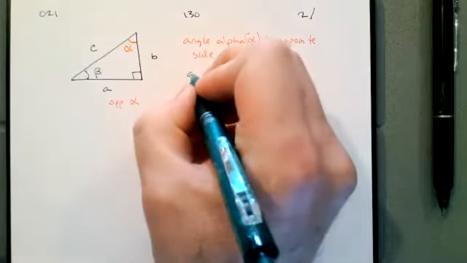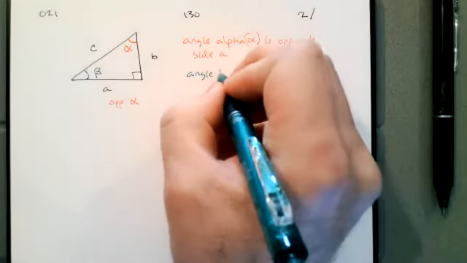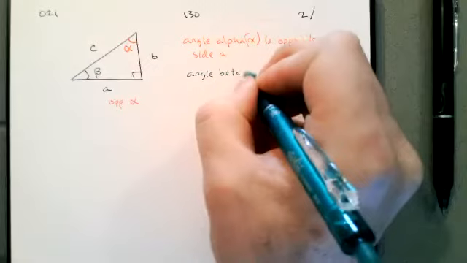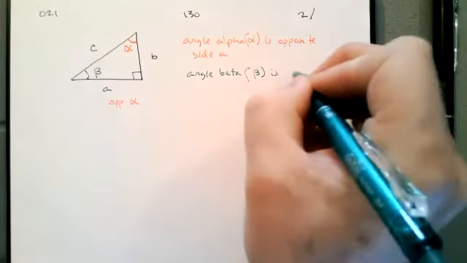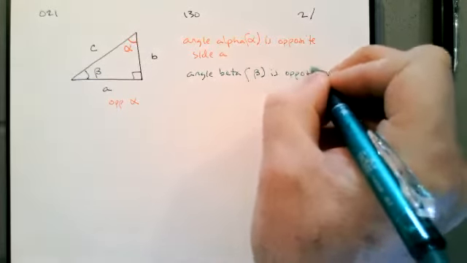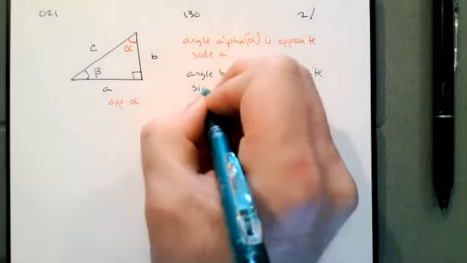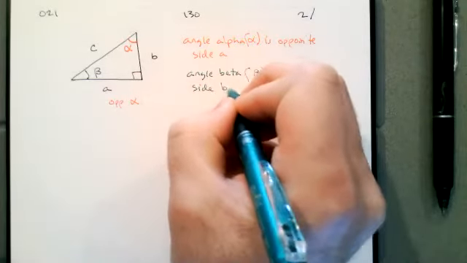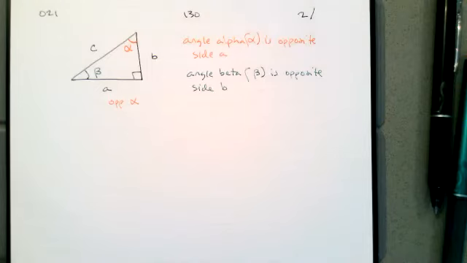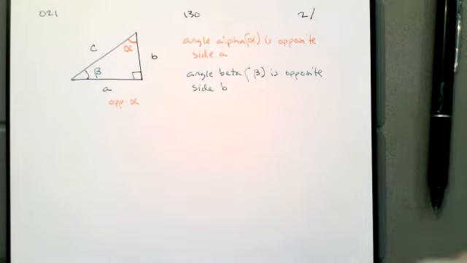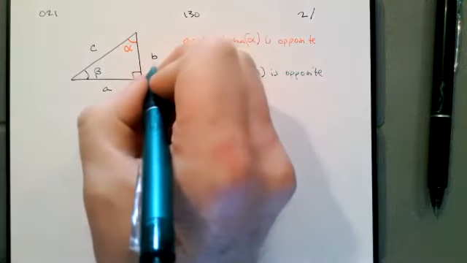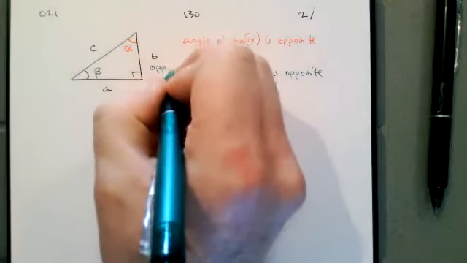So angle beta is opposite side B. So A and alpha are opposite, B and beta are opposite. So B is opposite beta.